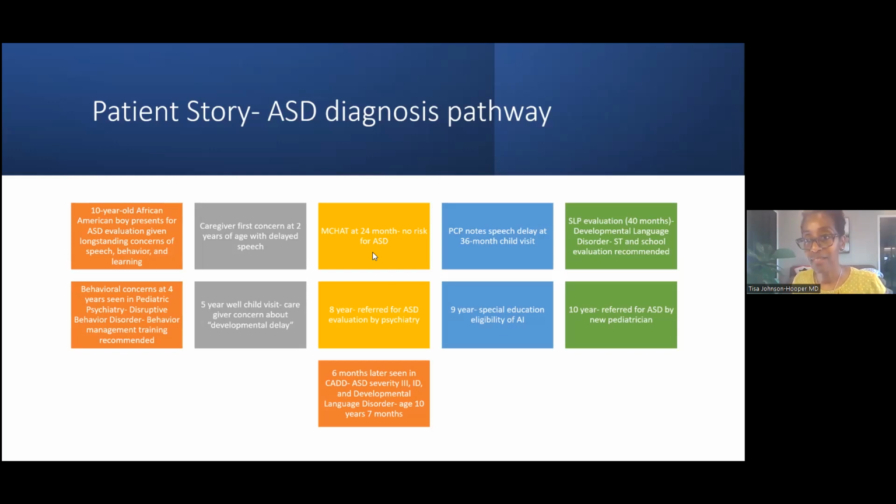6 months after that referral, I saw him in CAD for his multidisciplinary evaluation. At that evaluation, he was diagnosed with autism spectrum disorder, severity level 2, developmental language disorder, and an intellectual disability. Our recommendations included autism-specific interventions such as ABA, speech therapy, and occupational therapy.